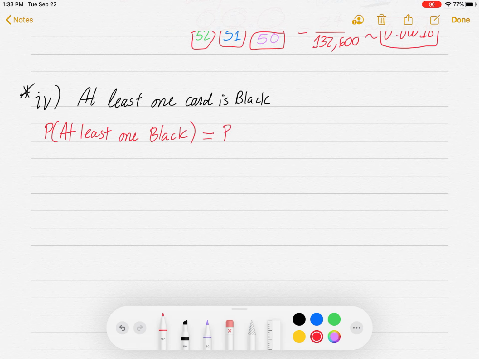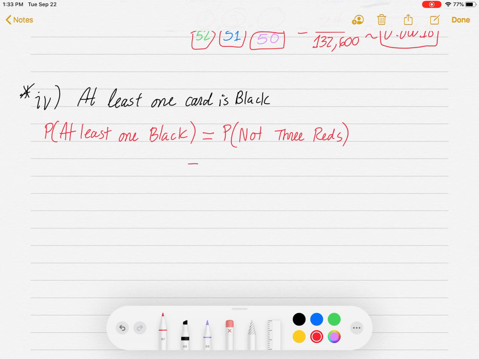This is the same thing as not all red. Probability of getting not 3 reds, right? So if you have at least 1 black card, that means they're not all red, not 3 reds.